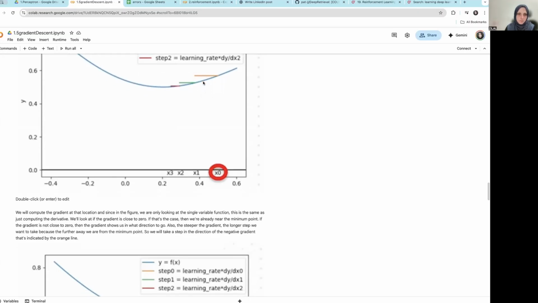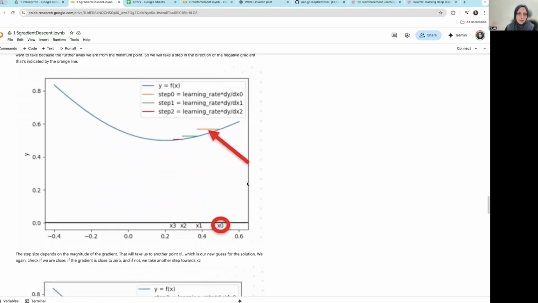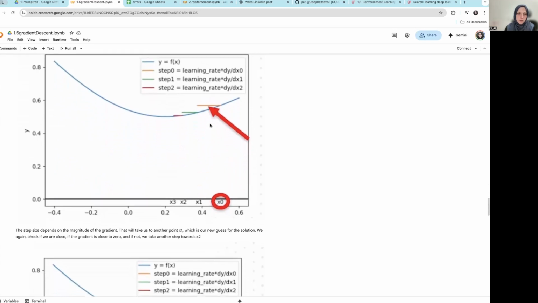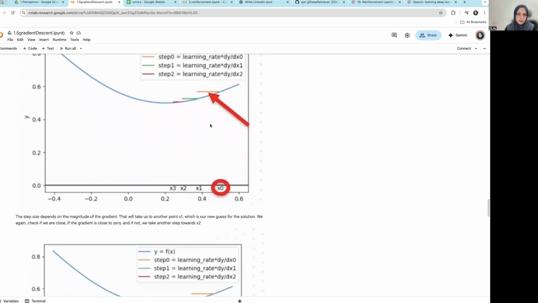Also, the steeper the gradient, the longer step we want to take because the further away we are from the minimum point. So we will take a step in the direction of the negative gradient, indicated by the orange line here. The step size depends on the magnitude of the gradient.